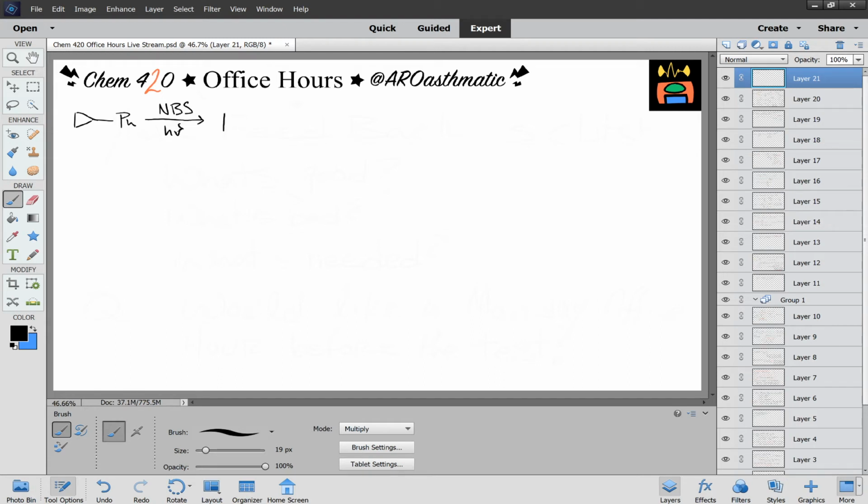That will brominate at the benzylic position. All right, second step will be KOtBu, potassium tert-butoxide. This will give us our elimination product.